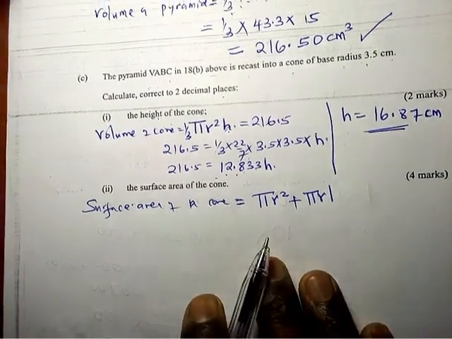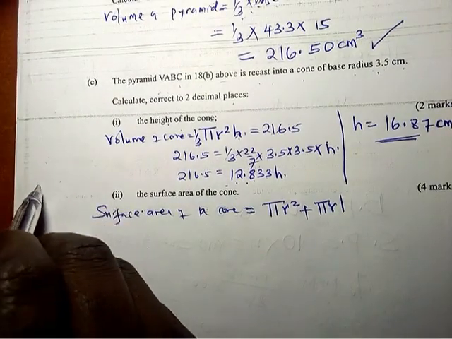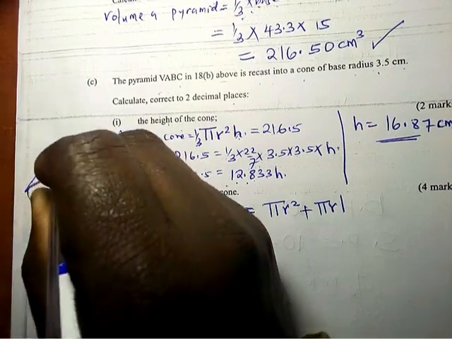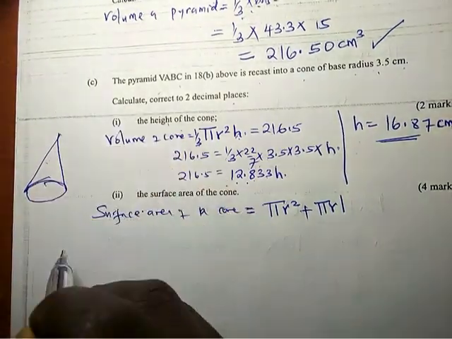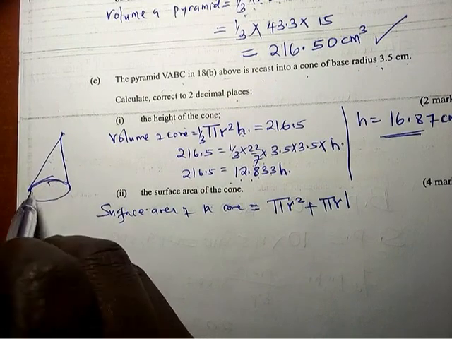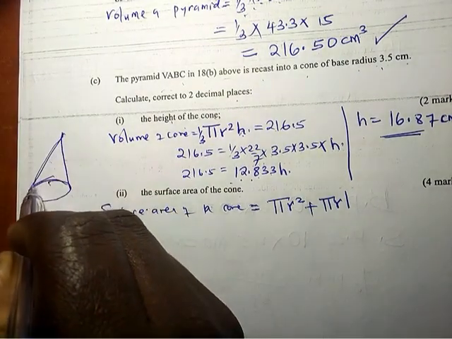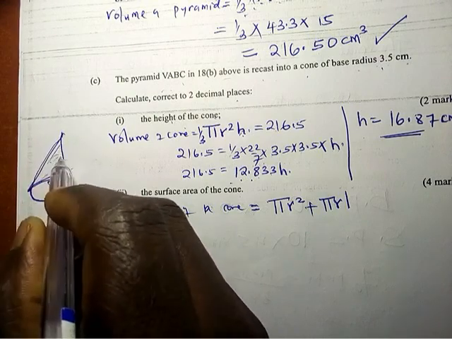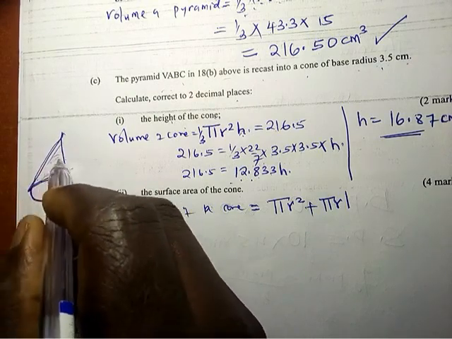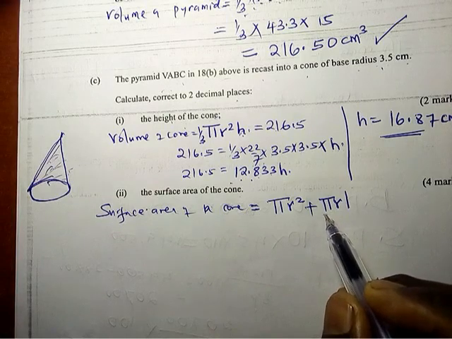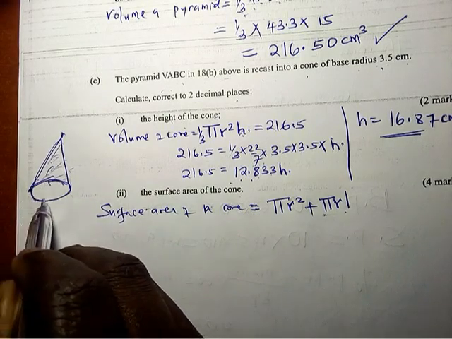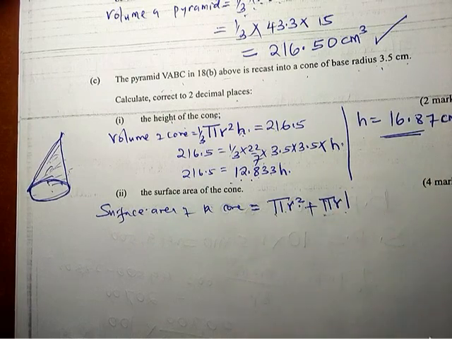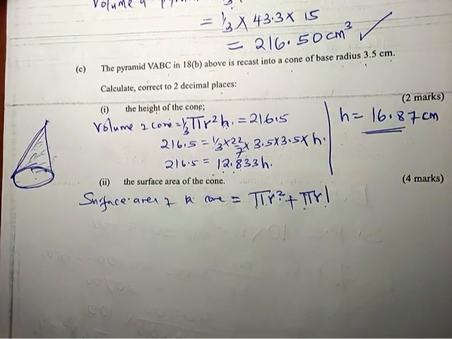So if this is a cone, to get the total surface area of this cone, first we calculate the curved surface area. This is the curved surface area. Hii kitu yenye imesunguka hii hapa juu, hii ni curved surface area. Formula yake ni hii. Alafu hapa chini kuna circle. We know area of a circle is pi r square. So tunaongeza hizo mbili. Inatengeneza the total surface area.